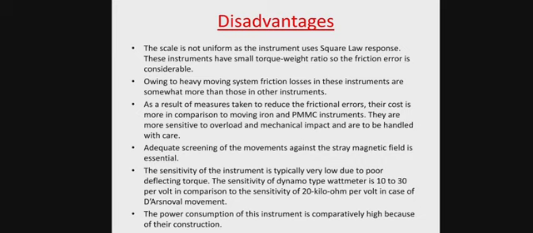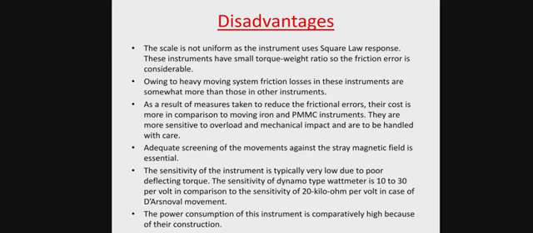As a result of measures taken to reduce frictional errors, their cost is more in comparison to moving iron and PMMC instruments. They are more sensitive to overload and mechanical impact and are to be handled with care.